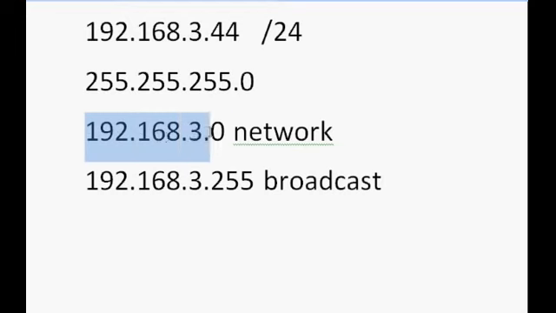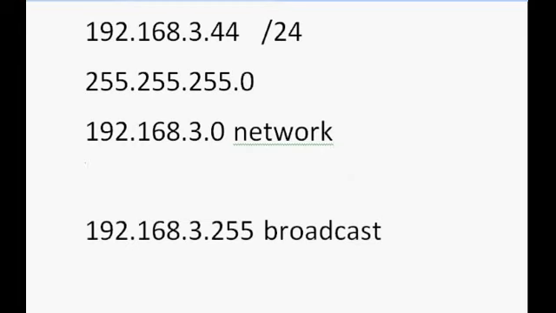That means that no host can occupy this number or this number. Nobody can be 0 or 255. So people on the network have to occupy the range between 1 and 254. Those are the hosts.